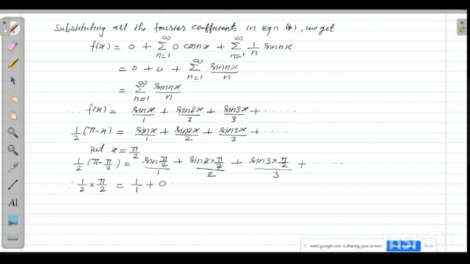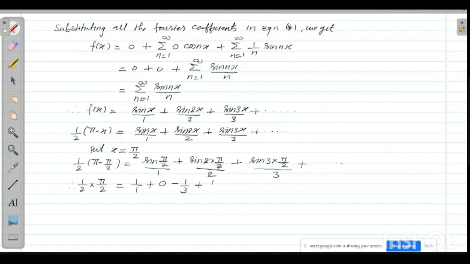And here you will get sine 3 pi by 2. Sine 3 pi by 2 will be minus 1. So this becomes minus 1 by 3. Okay, and here will be sine 4 into pi by 2, so sine of an even multiple of pi by 2 will be 0. So the next term will be plus 1 by 5.